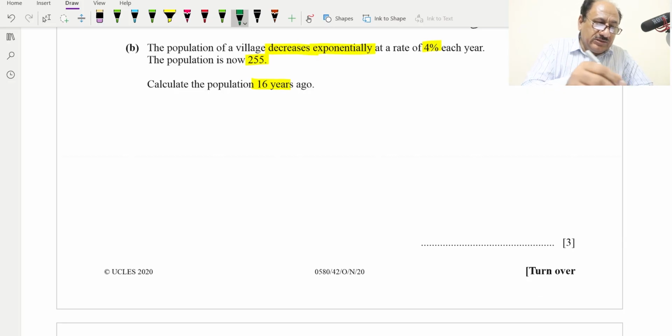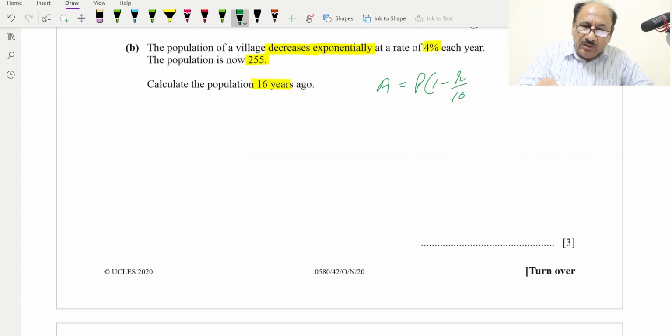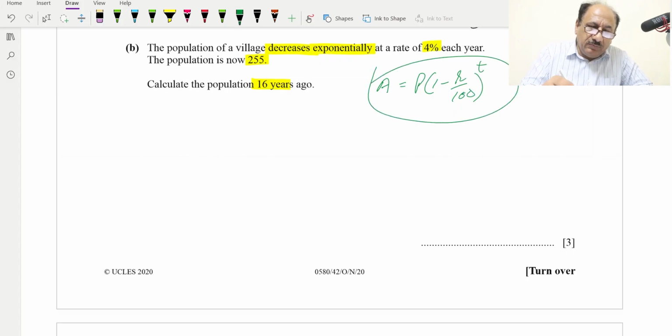So now this is like depreciation or exponential decrease. The same formula, we are just changing a sign. A is equal to P into (1 - R/100) raised to power T. This is basically the formula which we will be using.